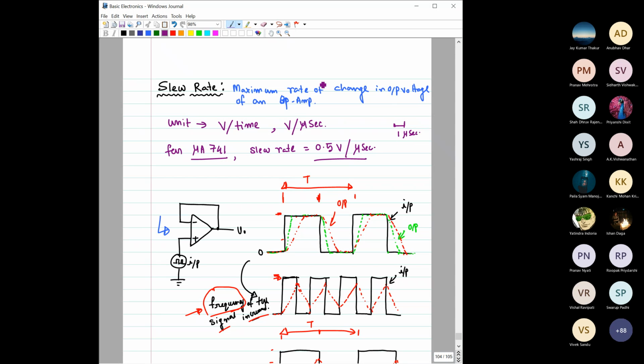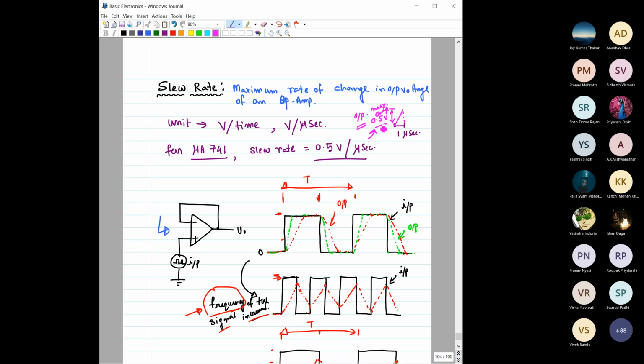So what it tells is that if you give 1 microsecond time, then the output can change maximum up to 0.5 volt. This is the maximum change. It does not mean your output always has to change by 0.5.